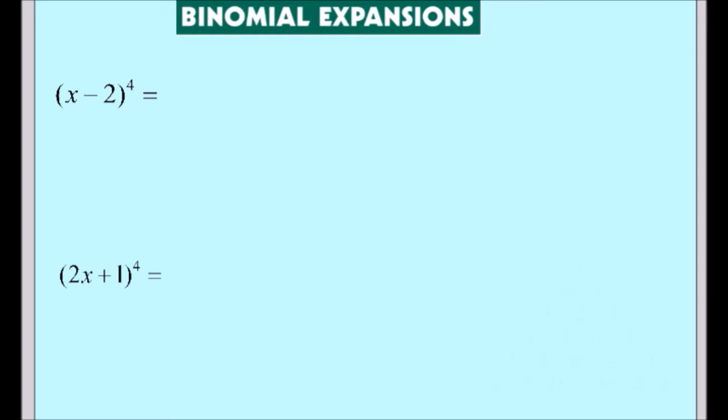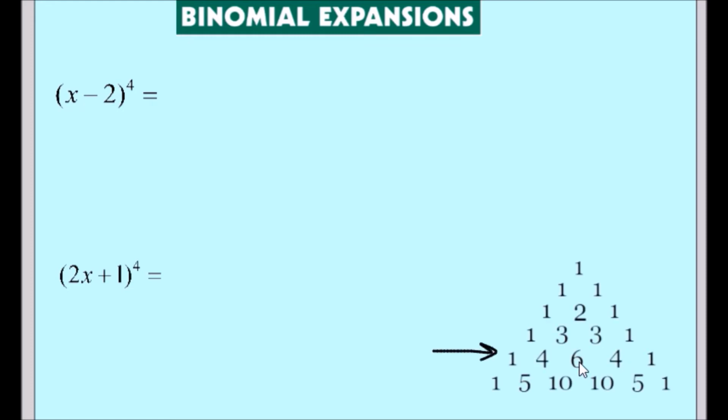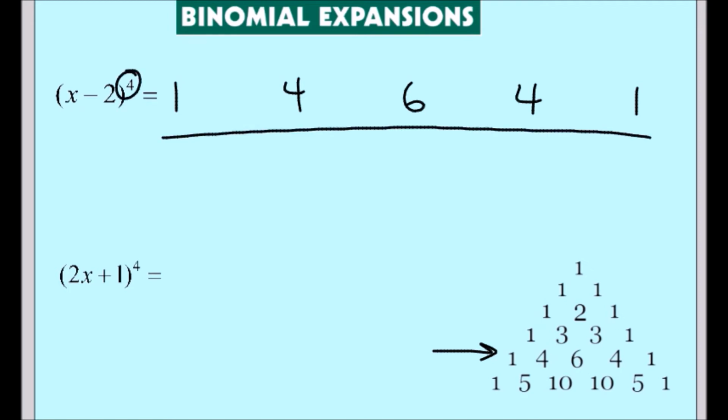So let's do an expansion to the power of 4. So we need to look at the fourth row of Pascal's triangle, and that is this row here with the 1, 4, 6, 4, 1 as the coefficients. Notice that when we have power of 4 here, we in fact have 5 terms in our expansion.